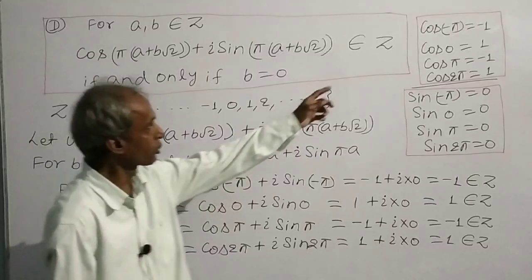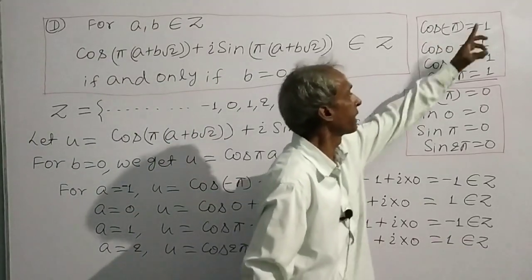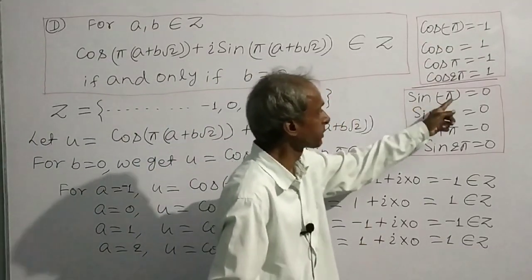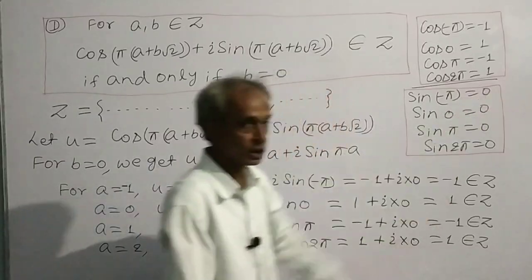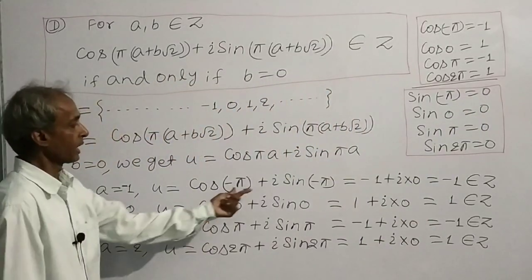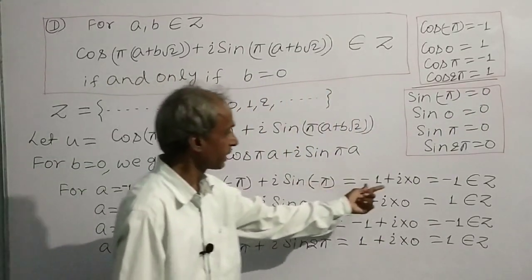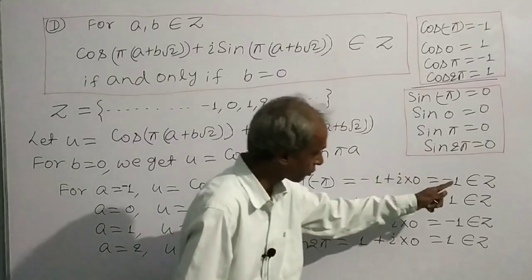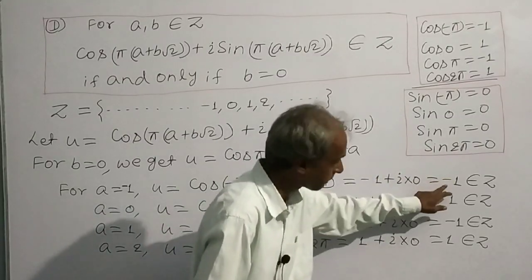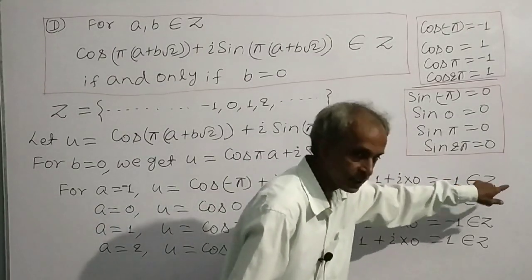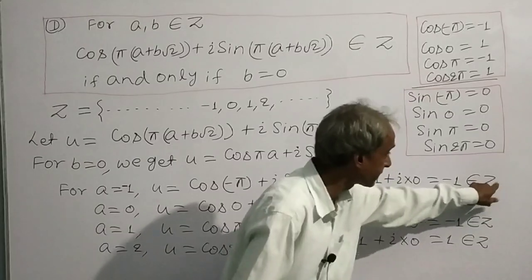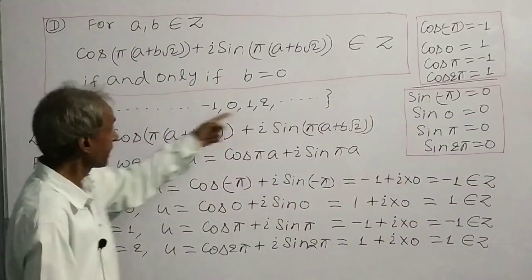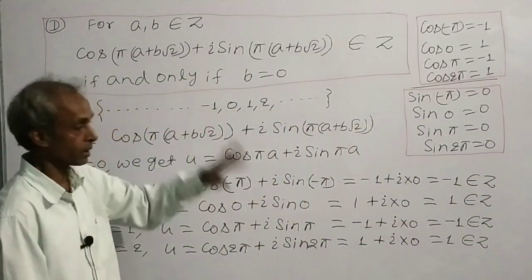The value of cos minus pi is -1 and the value of sin minus pi is 0. Therefore, this will be equal to -1. This -1 is present in the set Z written here.